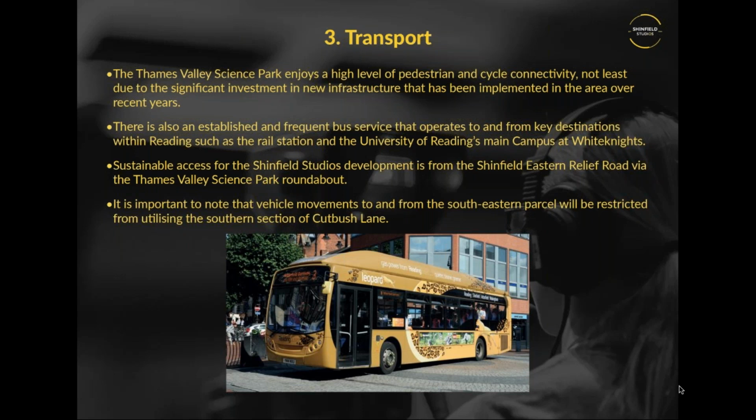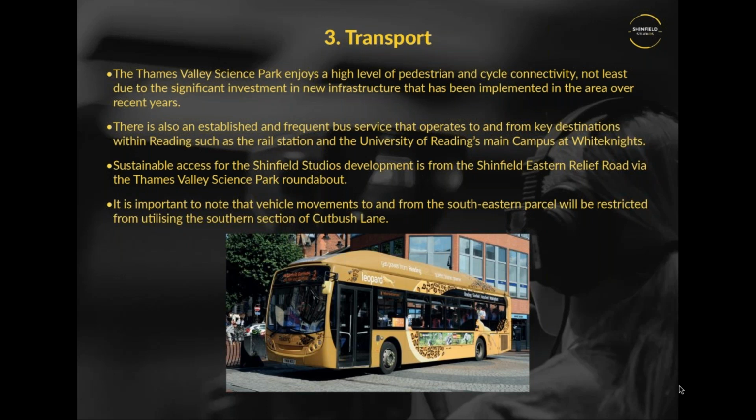In terms of the highway access, of course the Science Park benefits from the Eastern Relief Road, which was the big scheme that was introduced to relieve some of the traffic from Shinfield Village and facilitate the development in the area, including the Science Park. So the vehicle access towards the studios can be achieved from the Eastern Relief Road, directly from the roundabout that's in place.